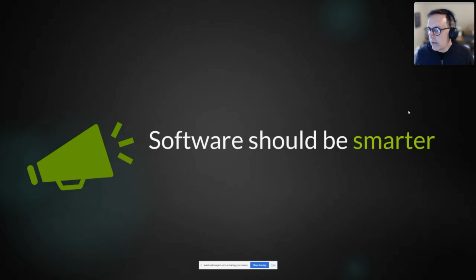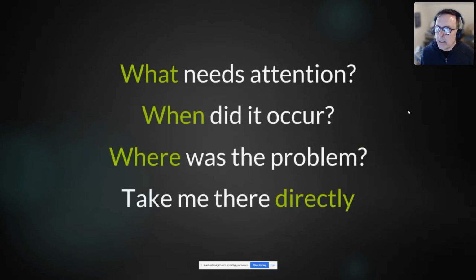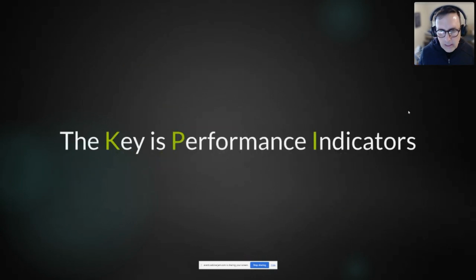And this is where your KPIs really add value. When something needs attention, you want to skip all that and go directly to that problem. You don't necessarily need to stare at a dashboard and wait for things to show up. Again, KPIs make that possible.